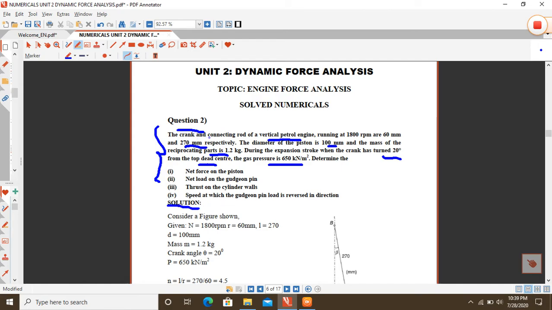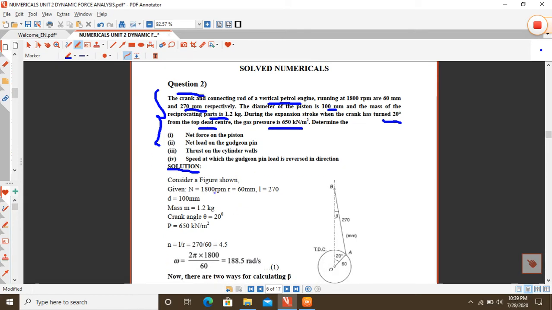So in a crank and connecting rod, the dimensions are given, that is we are given the rpm, that is 1800 rpm, small r is 60 mm, and L is 270 mm. Now the diameter of the piston is given, this is the diameter at the cover end, or we can say diameter of the bore also in many cases.